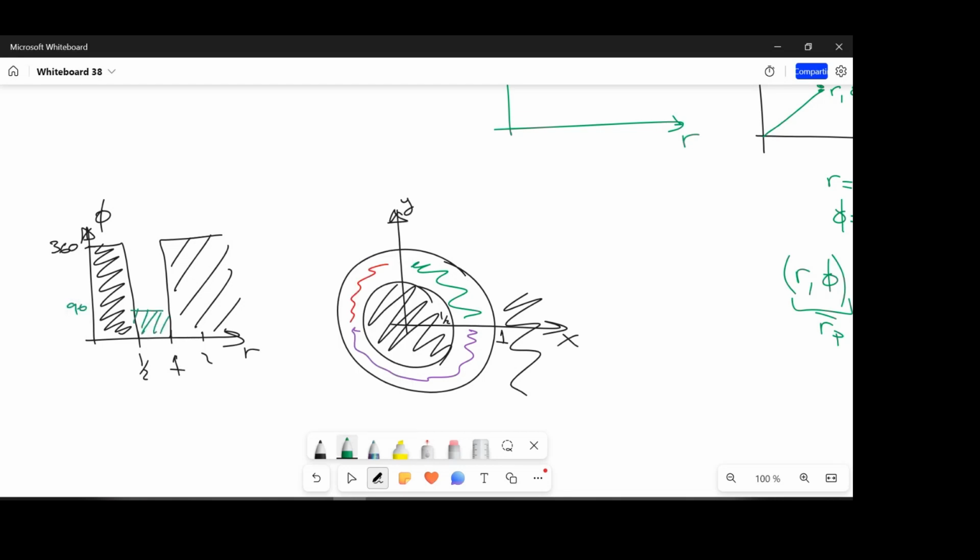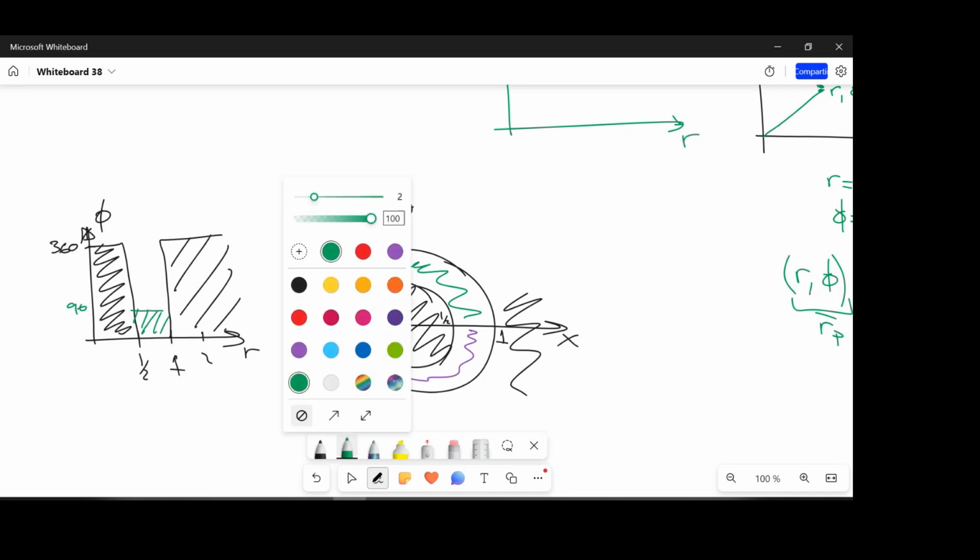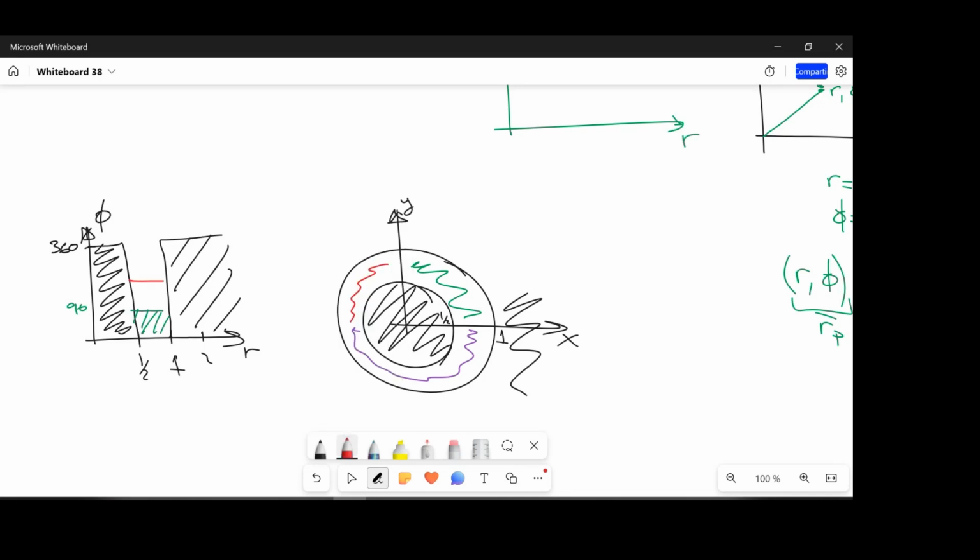This is green. Between 90 and 180 it's red. And from 180 to the end, it's red. So this is my polar transform image of this one.